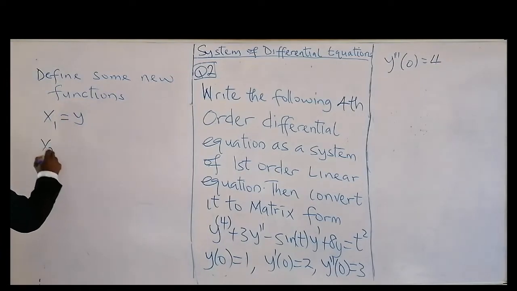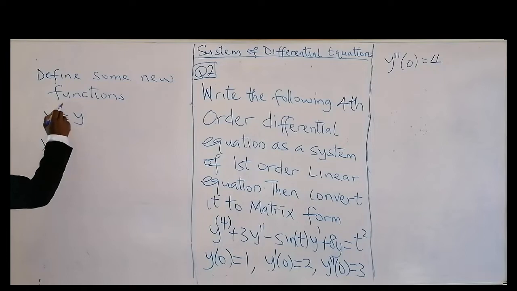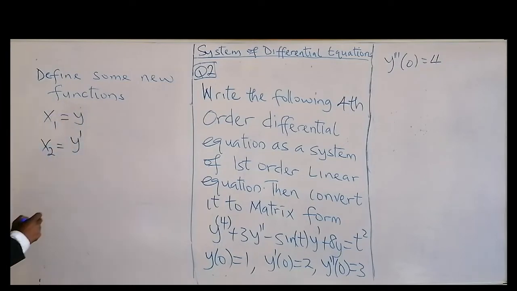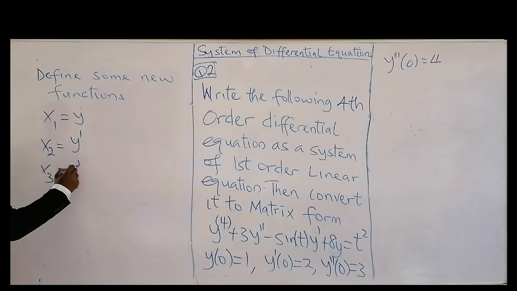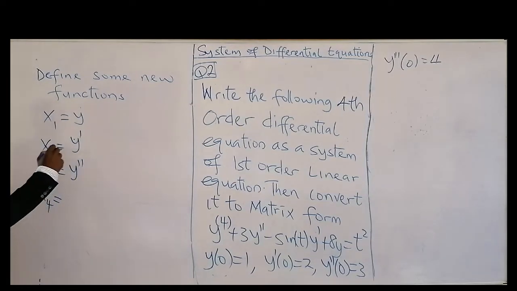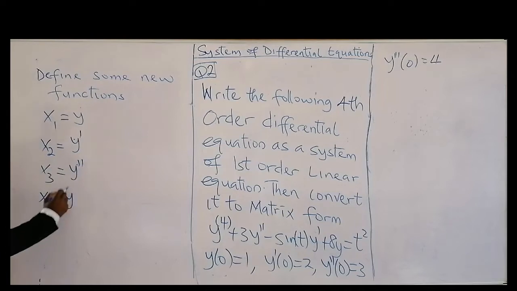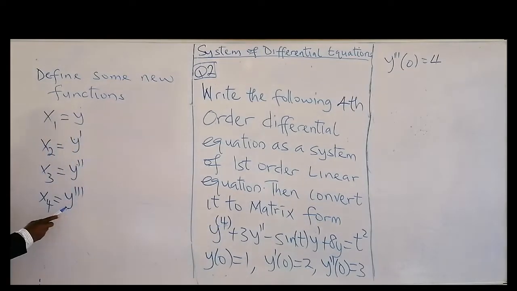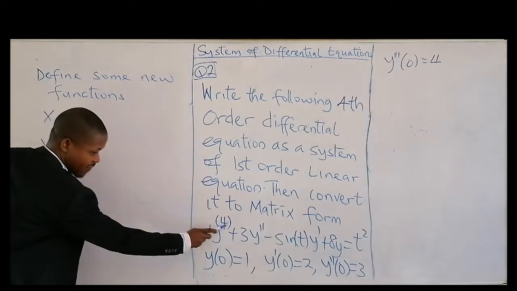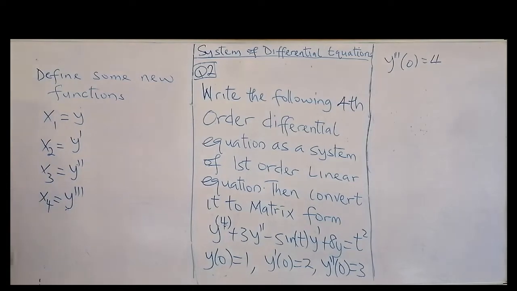Then x2 will be the differential of this, which is y prime. x3 will be the differential of this one, that's the second differential. x4 will be the differential of this one, that's the third differential. Since your order is 4 here, you have to stop at what you have here. So you stop here.